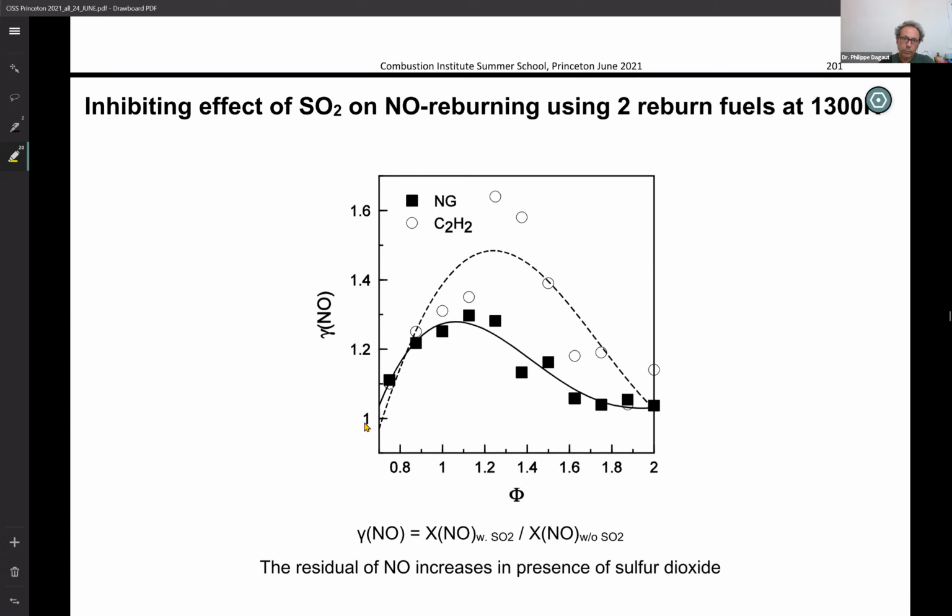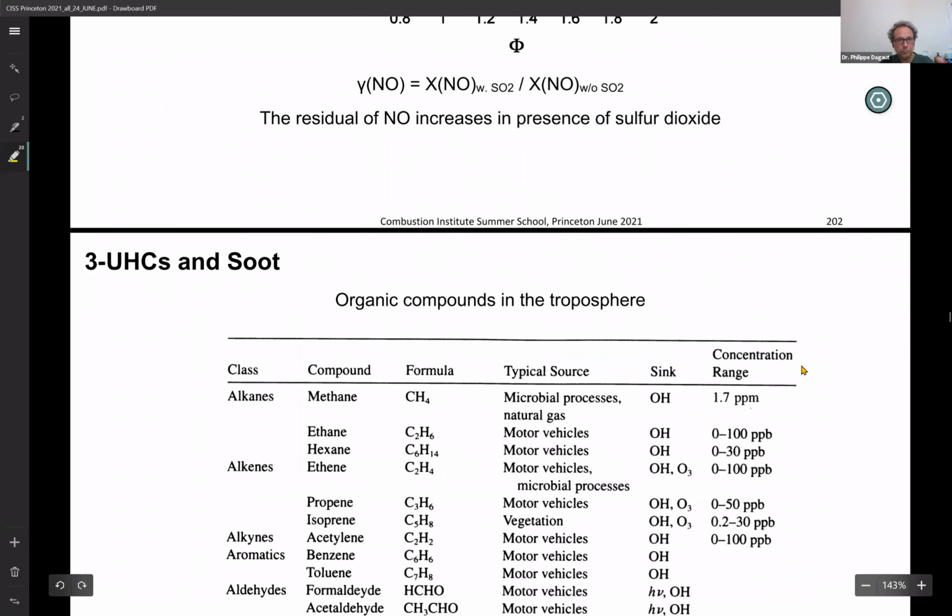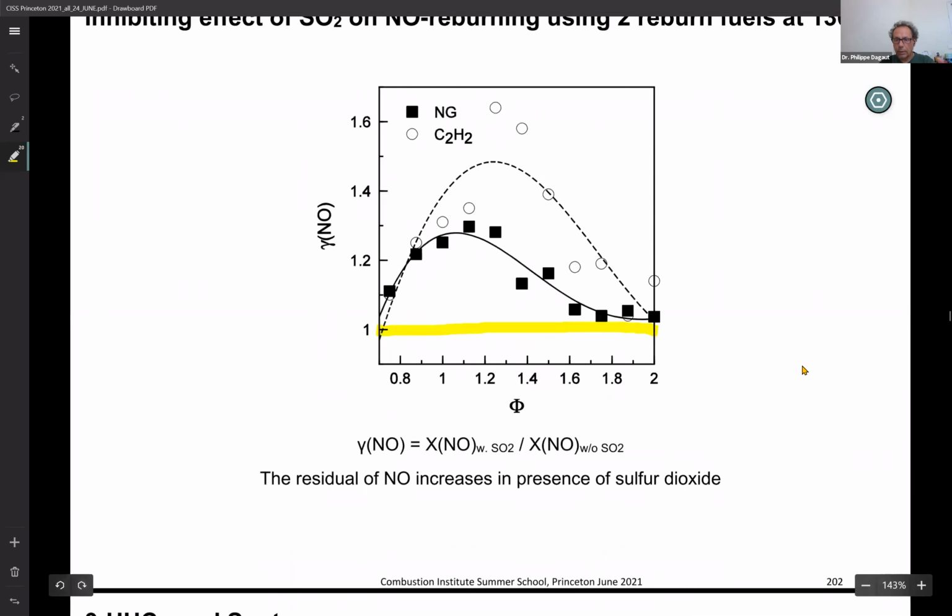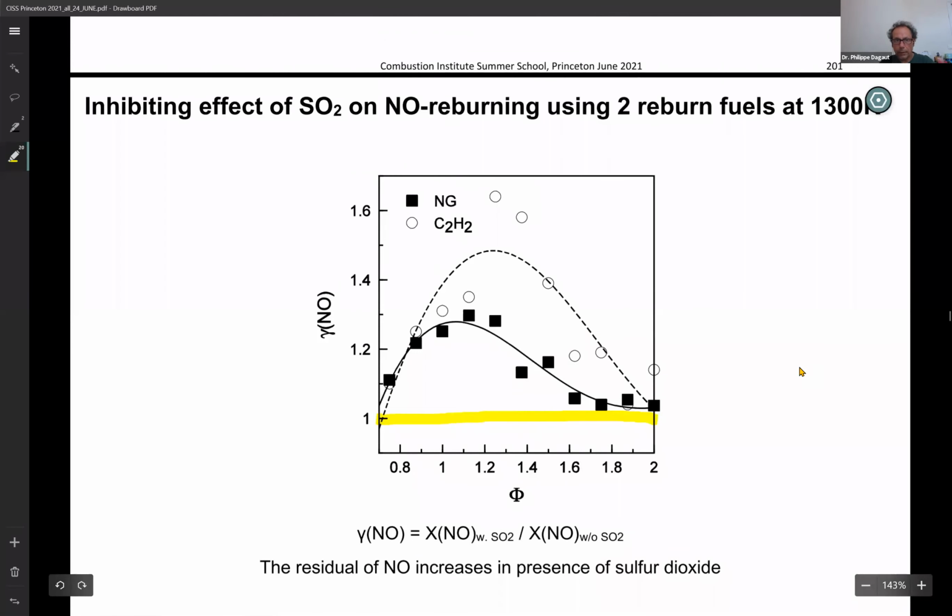So if there were no impact, it would be on this line here. So there is an impact which varies with equivalence ratio. And I will stop here.